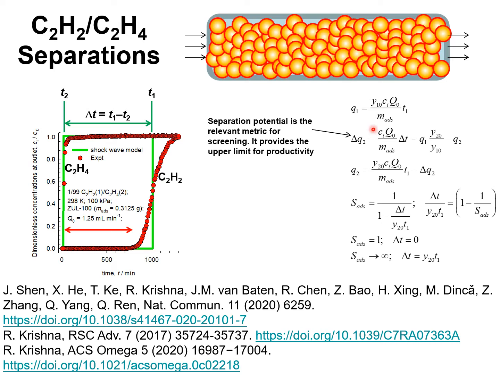In any case, delta Q2 is the maximum realizable productivity, and this is calculable using the IAST.